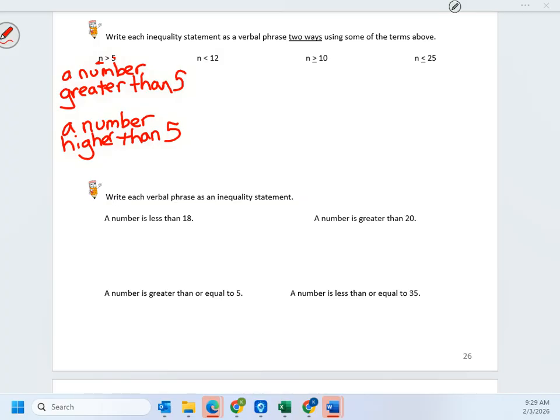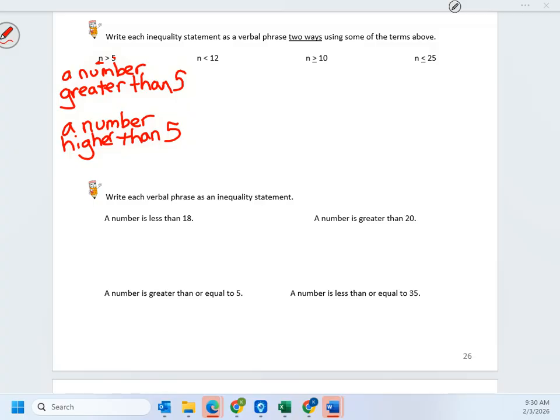So when we did subtraction and we did division, I said it was very order specific. Same with inequalities, it's very order specific. You have to go left to right, but we don't have to star any of them that we're going to flip. So there's no flipping unless you're one of my friends who wants to do the challenge of doing it backwards. Then you have to do the opposite.